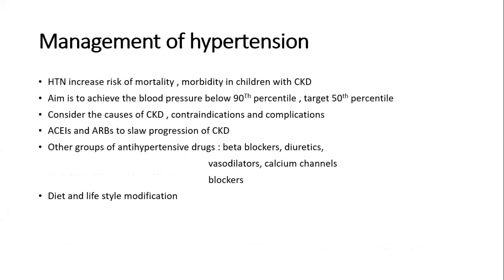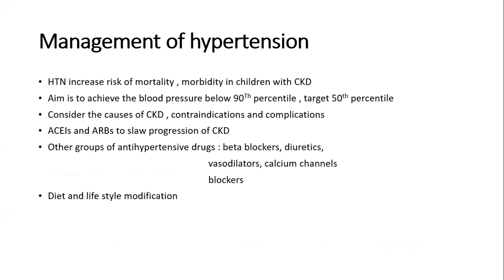Another treatment is for hypertension. As all of us know, especially in adults, hypertension increases the risk of mortality and morbidity in children with CKD, and it increases according to the CKD stage.